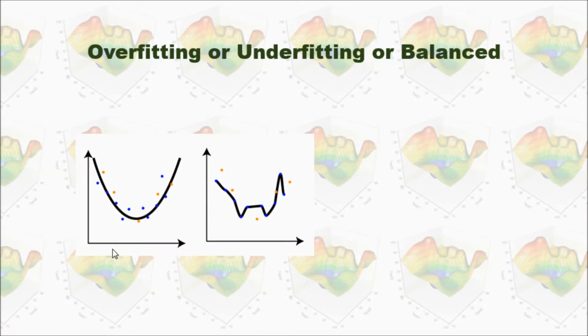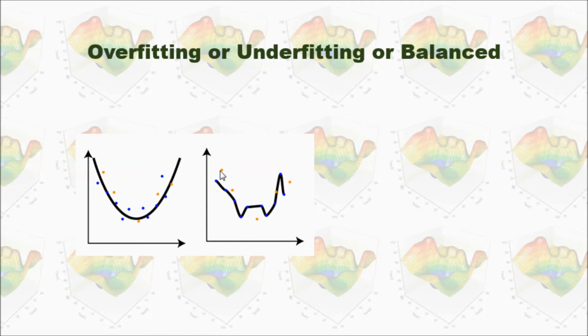Let's see this graph. The blue dots represent our training data, and the orange dots represent our test data. If we had overfitting, you can see our curve fits all those training data perfectly.